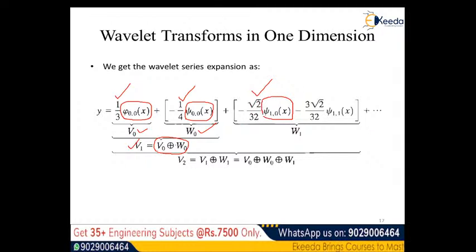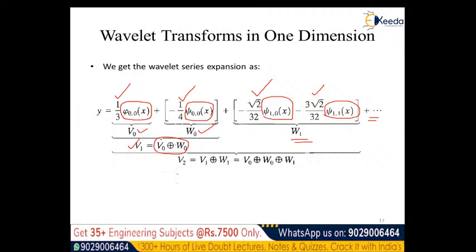Here we have psi suffix 1 comma 0 as a function of x here, minus we have 3 under root 2 divided by 32 in multiplication to the wavelet function psi suffix 1 comma 1 as a function of x here. So this is nothing but the functional space w1. So this series expansion will be going on as it is here.